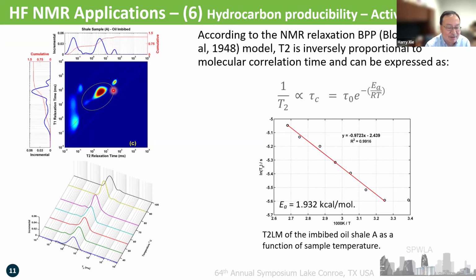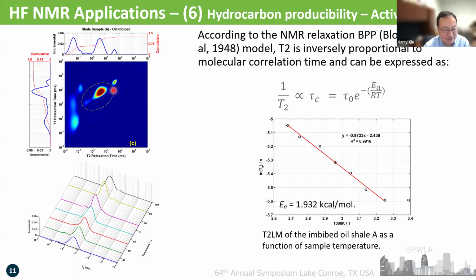That means you have, for example, a lot of iron in the sample. The iron can interfere with your external magnetic field. When we make NMR instruments, we try to keep the magnetic field as homogeneous as possible, but with iron in the sample, you destroy that homogeneity. So your T2 will be shortened when you do the measurement.